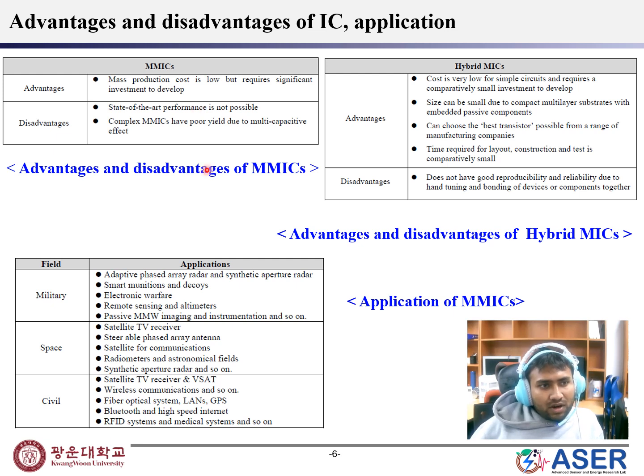Disadvantage: state of the art performance is not possible. Complex MMICs have poor yield due to the multi-capacitive effect. For the hybrid MIC, there are a lot of advantages, like cost is very low for simple circuits and it requires comparatively small investment to develop.